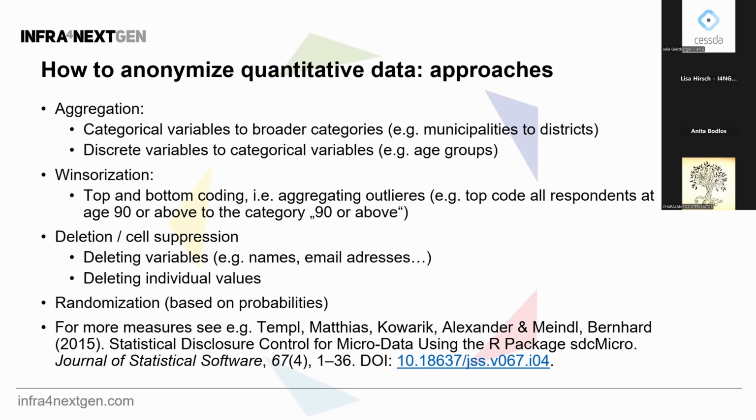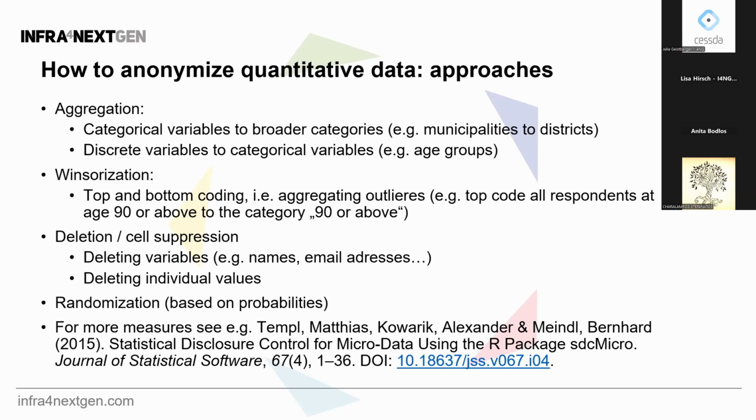For instance, coming back to this example with mother from Ireland, father from Iceland, living in Austria, if you decide to remove this kind of information, you could just delete these individual values and set them to other country, or to no response, or just missing.